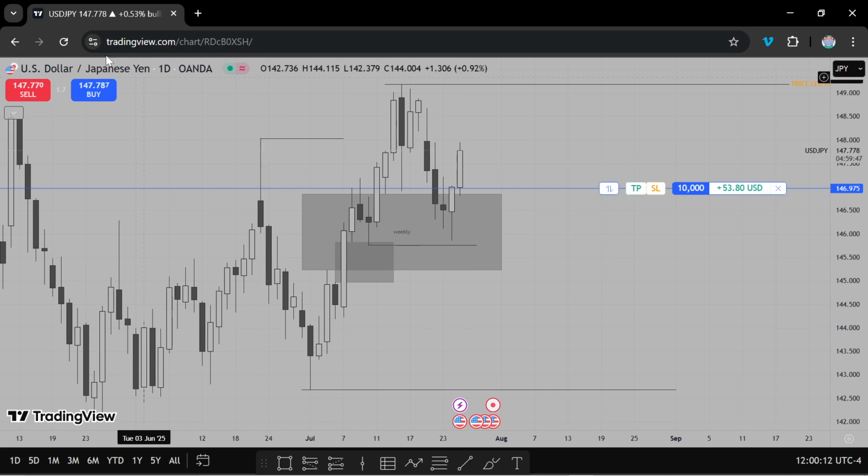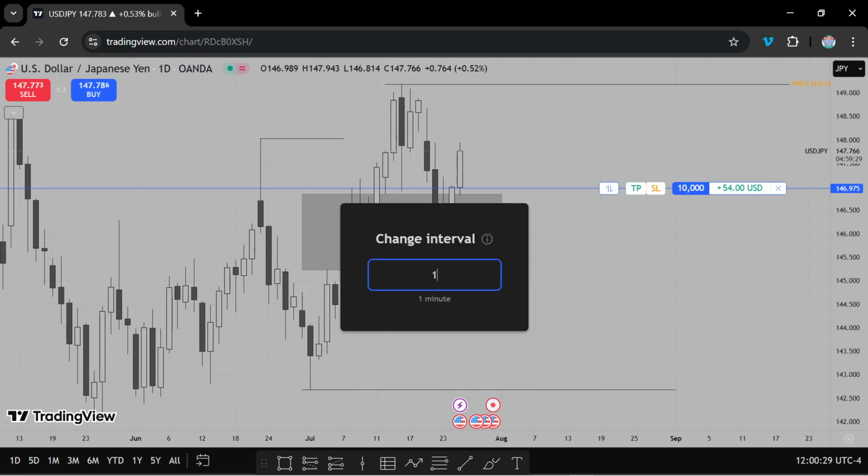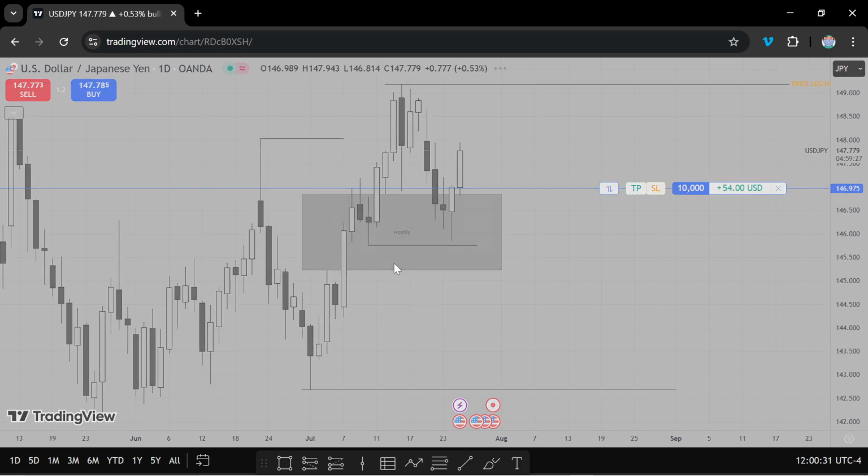I'm sure with other pairs in sync with USD JPY that wicked this low, I should find a pair. On the daily time frame there's nothing much to look at really, so we can also go for the 4-hour time frame.